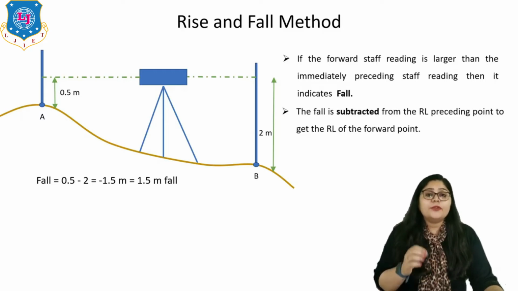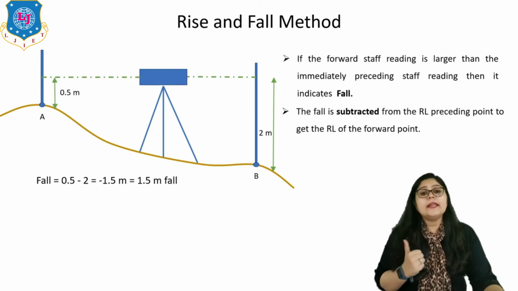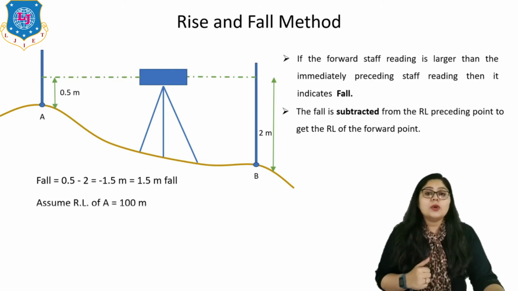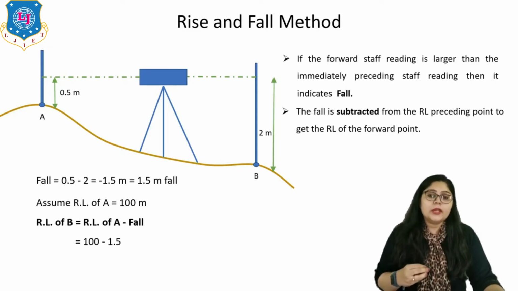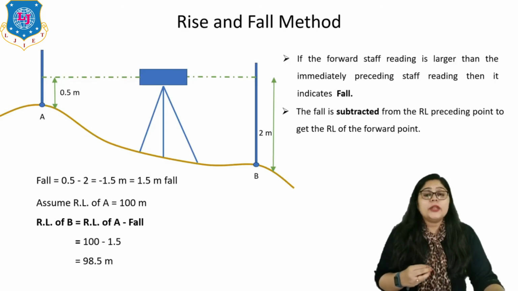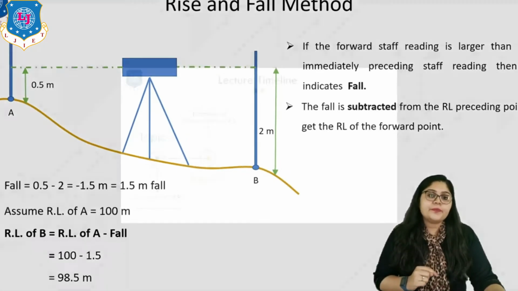Now you can see the fall is subtracted from the RL of preceding point to get the RL of the forward point. So here assume the RL of station A is 100 meter. It means RL of station B is equal to RL of A minus fall. It means we get the value 98.5 meter. So here you can see this is the RL of station B, which is lower than the station A, right?